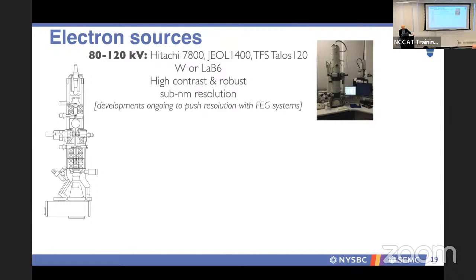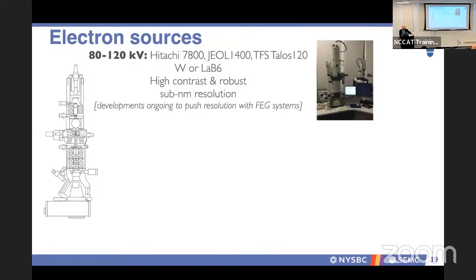And so what that ends up being is that many of the microscopes we use for screening tend to be around 80 to 120 keV. There are a few reasons for that as well. There might be a little bit more contrast when you have a lower accelerating voltage, especially if you want to screen some samples. But the upkeep for lower keVs is cheaper. And so that way you can get a pretty nice screening microscope in cryo using just a tungsten filament or a LaB6.